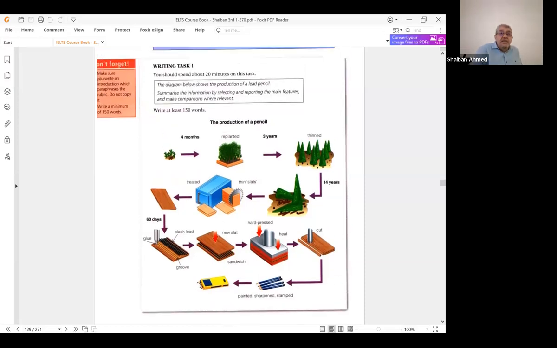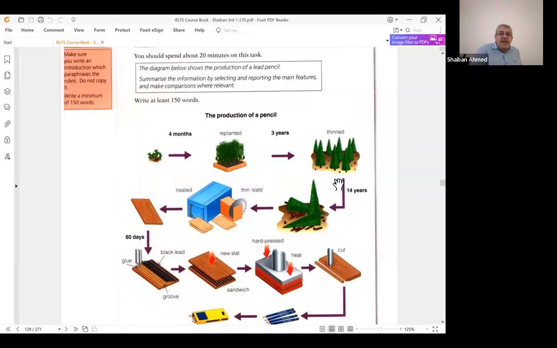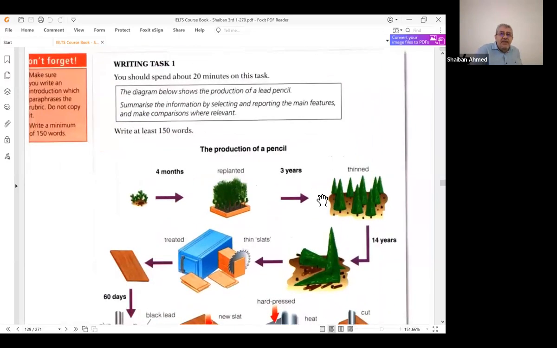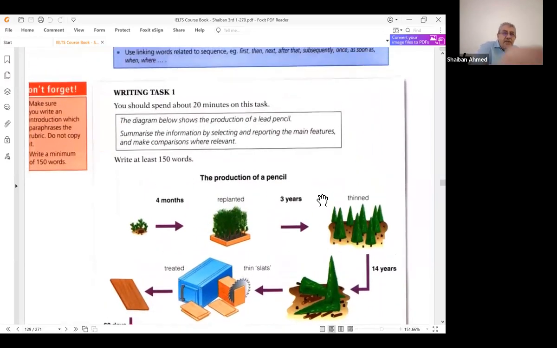Now, the process here, the diagram, I want to tell you something. What would happen in this question? This question here. If you forget and you didn't rephrase it, you just copy paste the same: the diagram shows the production of a lead pencil.